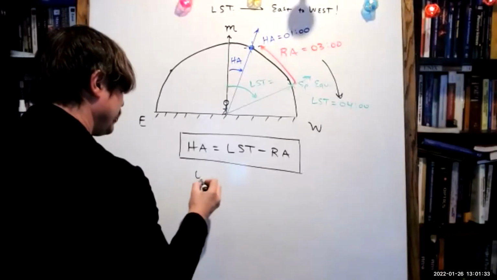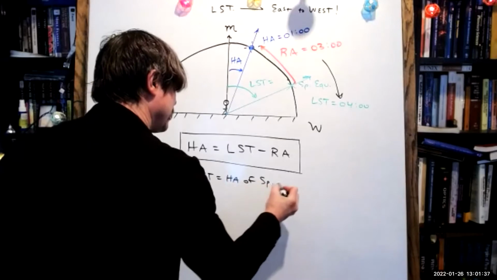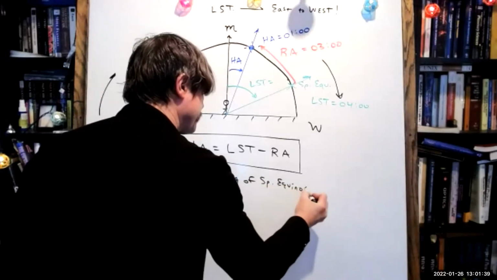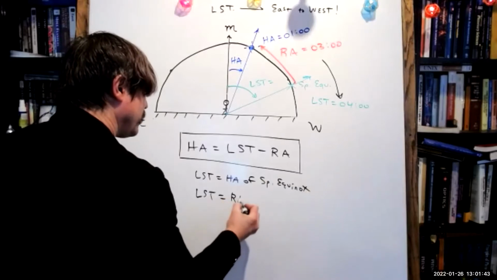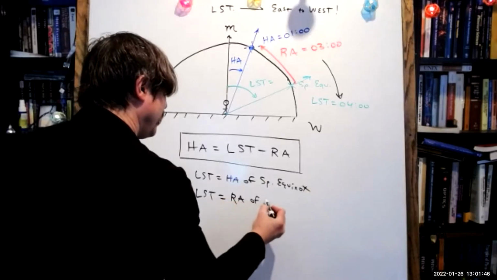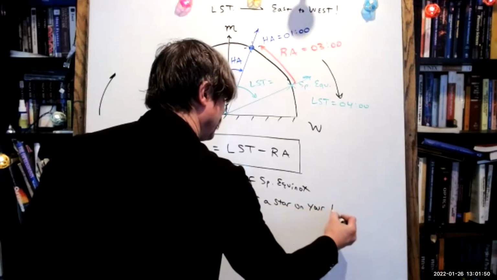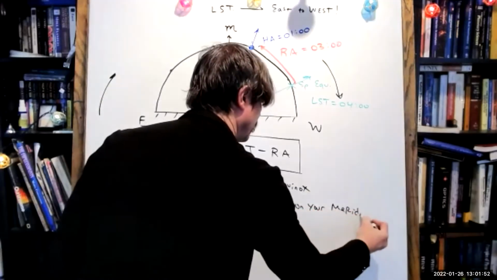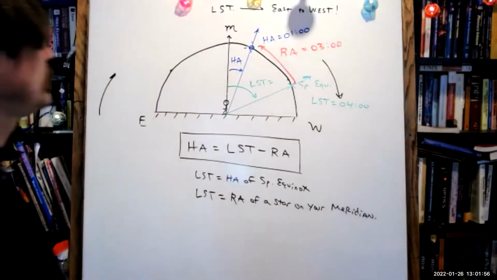It means LST is the hour angle of the spring equinox. But LST also turns out to be the right ascension of a star on your meridian. I'm pretty sure that's how this works.